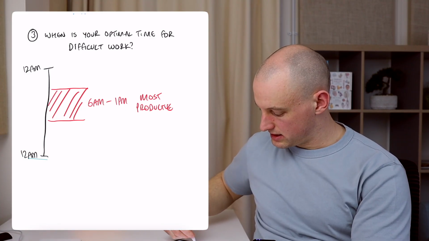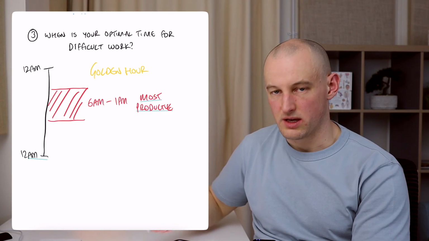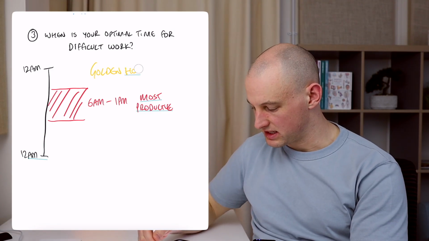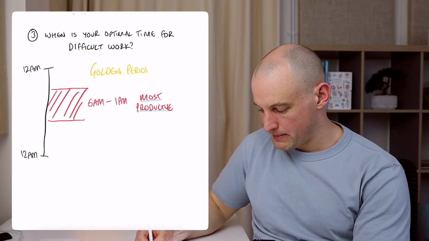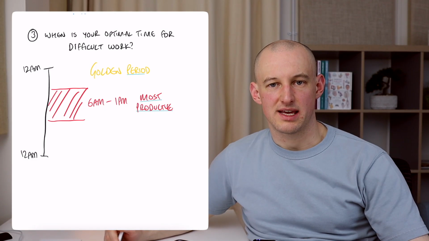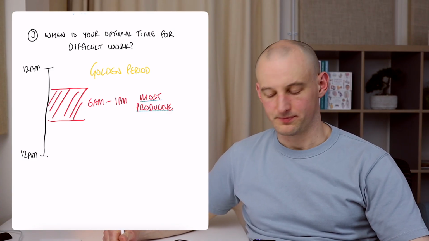And you can call this the golden hour or the golden period, shall we say. That's better than hour, I reckon. So this is really the best time of the day for getting stuff done.